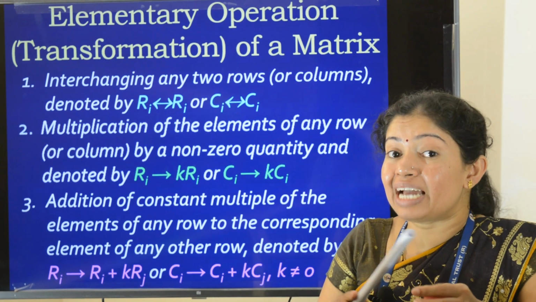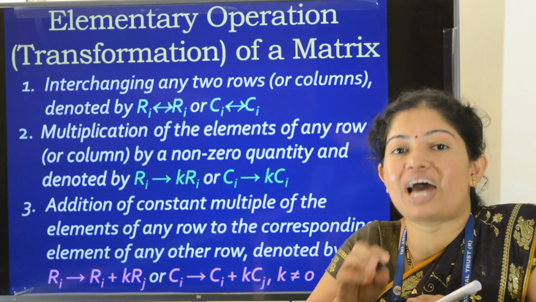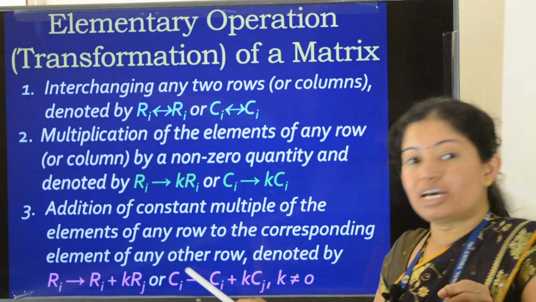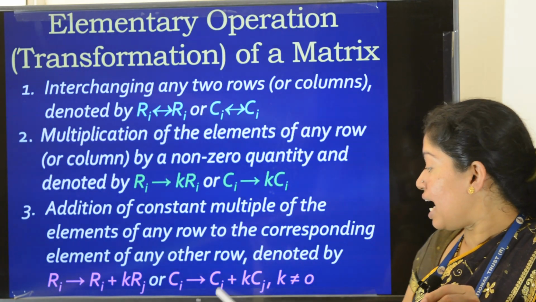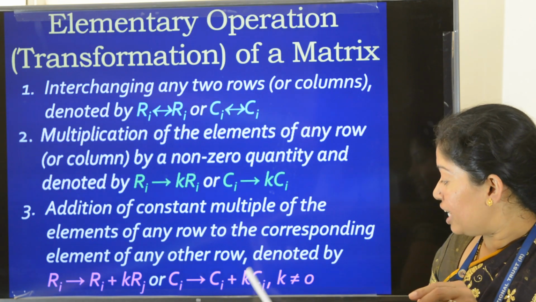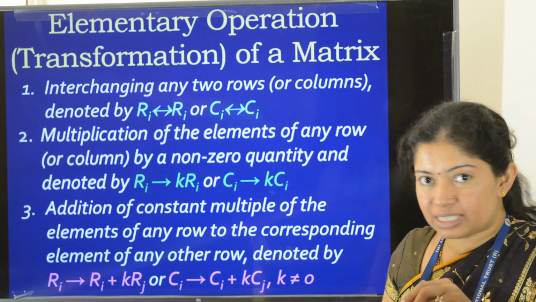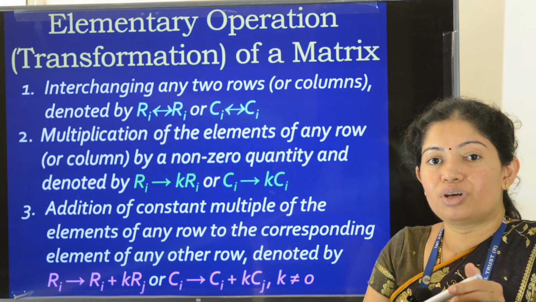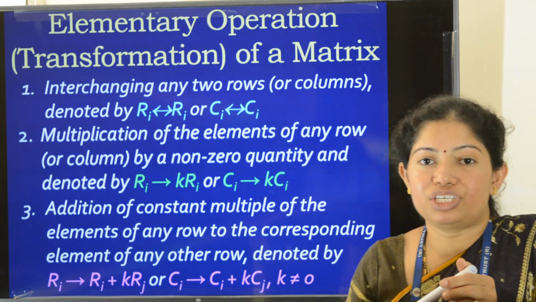When we say adding the rows, you need to add the corresponding entries. For columns, how can you denote it? Ci changes to Ci plus k times Cj. So here what did we do? The jth column we multiplied by a scalar, then added to the ith column. So these are the elementary operations.